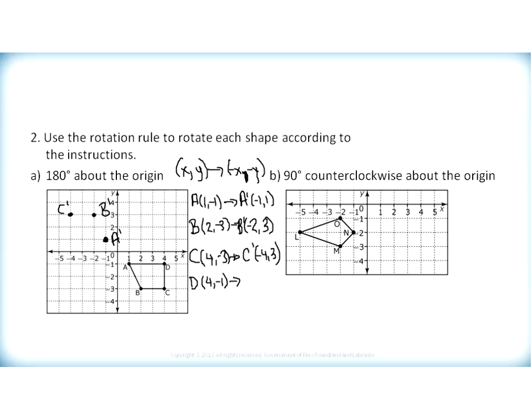Rotated 180 degrees, I'm going to get D prime is equal to negative 4, positive 1, which is right here. So now I get my ruled line and I connect my dots, and I've created the rotation. And I should include the point D prime here. So there is my original object rotated 180 degrees about the origin.